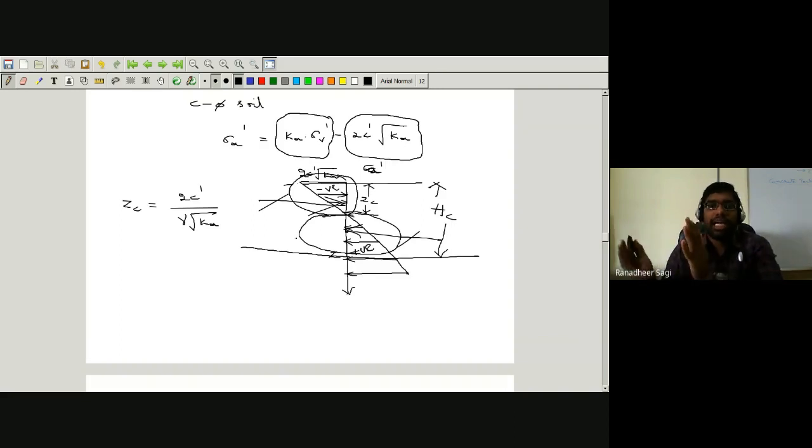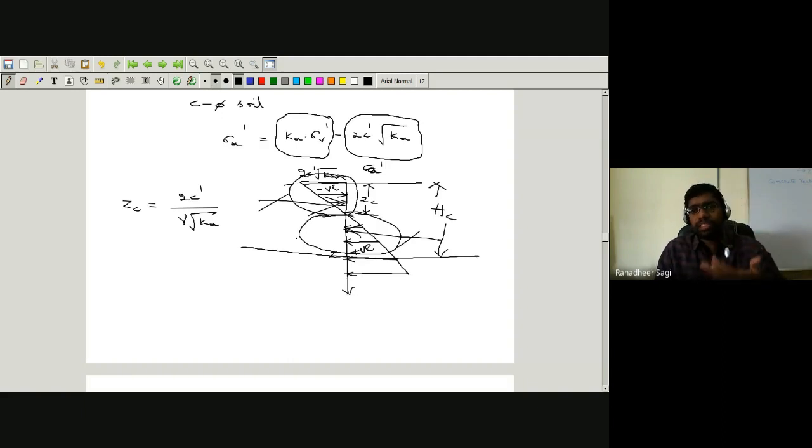The net resultant force coming on the retaining wall over some considered depth of the retaining wall, for that region of depth, is equal to zero. So what is that particular depth? Z is equal to HC, where your net resultant force is coming out to be zero.